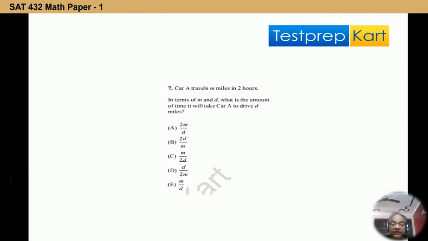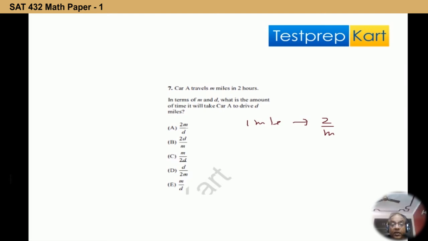Now, a car travels m miles in 2 hours. In terms of m and d, what is the amount of time it will take car A to drive d miles? So, the car is driving m miles in 2 hours. So 1 mile will be covered in 2 upon m hours.